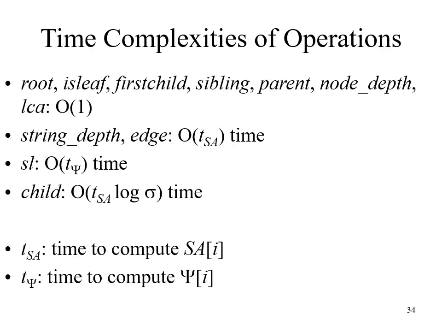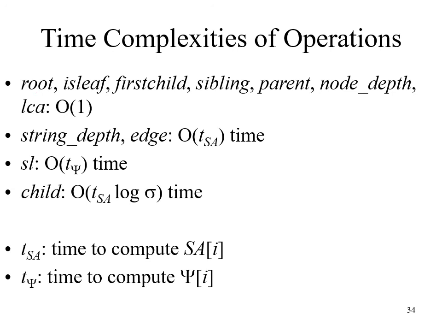And the time complexities of operations on the compressed suffix tree are as follows. We can go to the root in constant time, and we can check if a node is a leaf or not in constant time. We can also find first child, sibling, parent, node depth, and LCA in constant time. These are done just using the balanced parenthesis sequence of the tree structure.